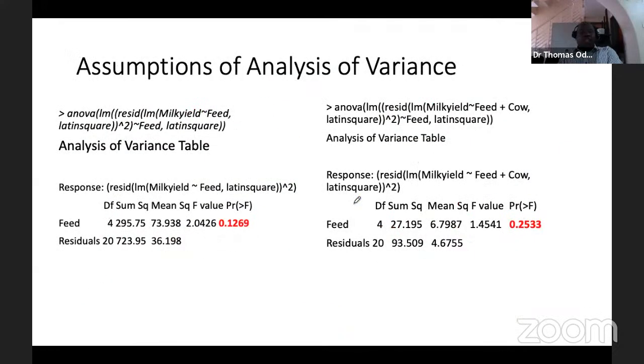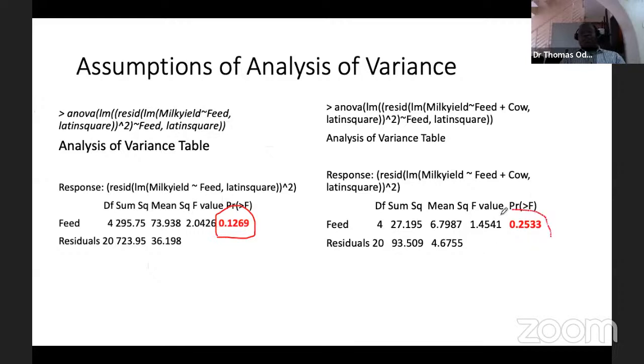The other thing that we need to test is constant variance for the different factors. So we can test the constant variance for feed. Although we seem to see that the variance is higher in feed E, the analysis of variance test here actually tells us that there is no significant difference.